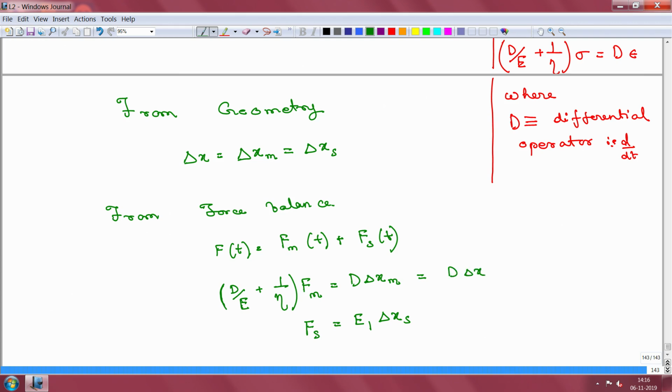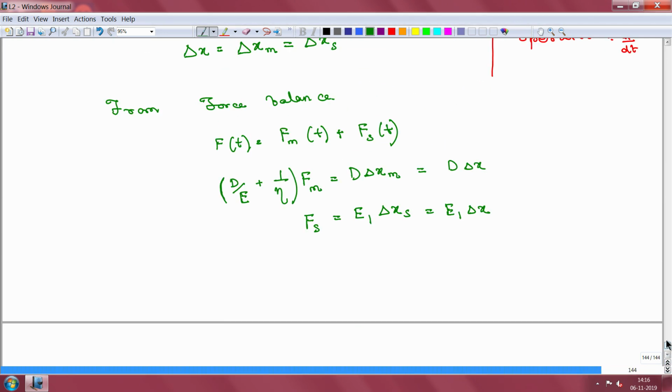So, this is delta x. Now, if I have to add these two together to get my force, I already have the right quantity on my right hand side, I already have the system displacement, but to get the force I need to be able to add these two quantities.